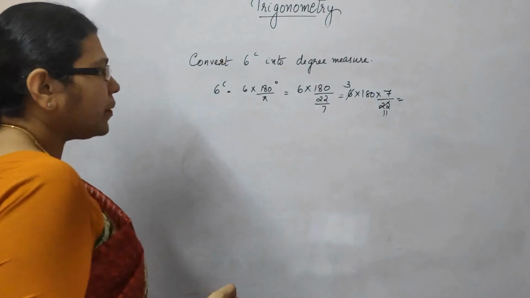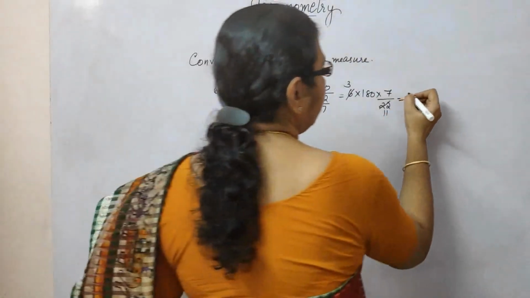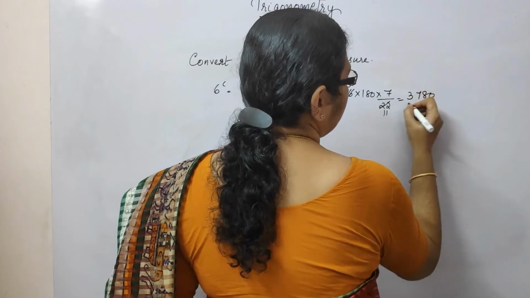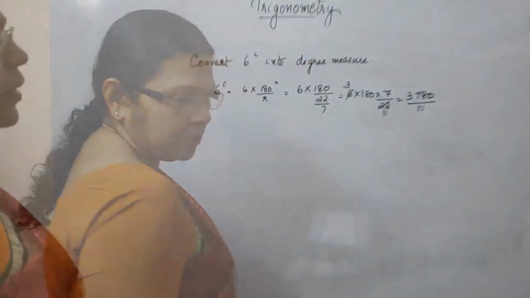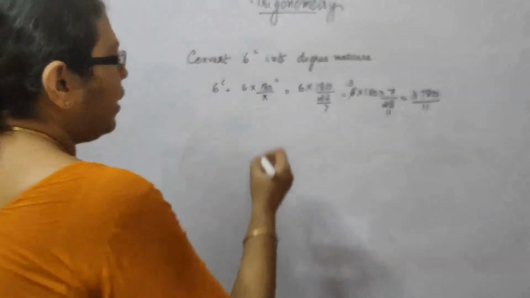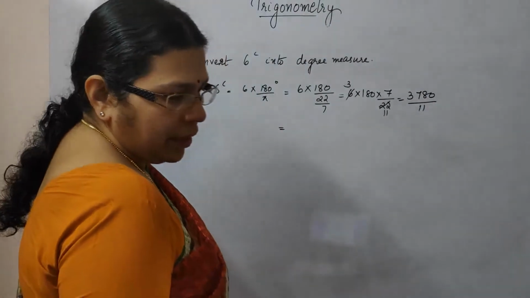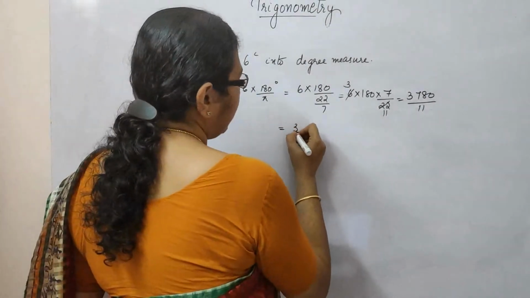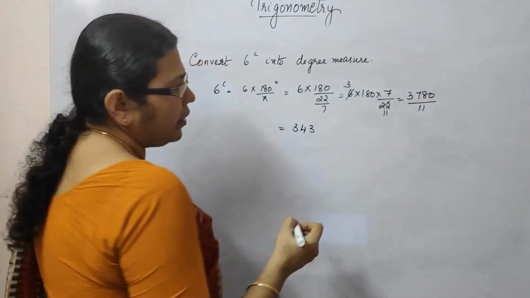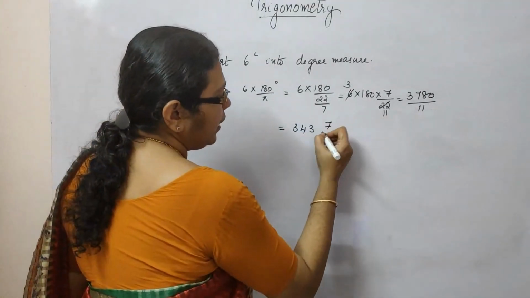Now that gives me 3780 divided by 11. Now when I divide this, I get the quotient to be 343 and remainder 7 by 11.